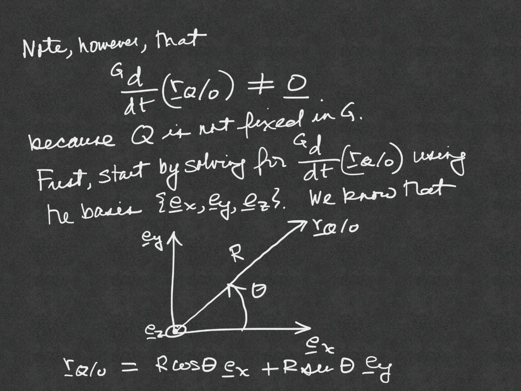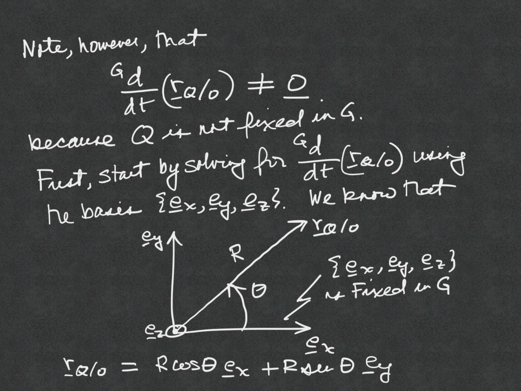Now remember that this basis, EX, EY, EZ, is fixed in G. So as a result, we can take the rate of change of this vector, the position of Q relative to O, as follows.